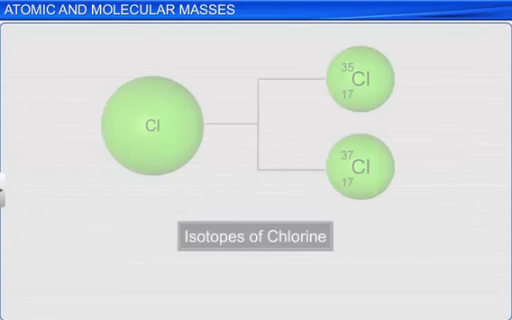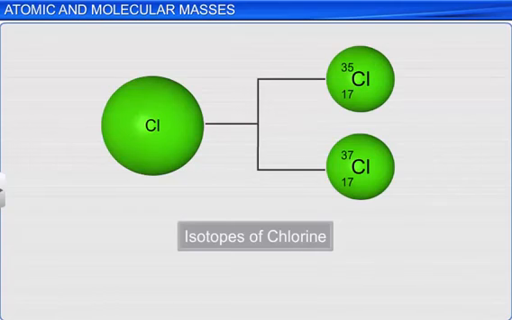We know that when atoms of the same element possess different atomic masses, they are known as isotopes. Hence, for isotopes, the average value of the atomic masses is considered as the atomic mass unit.